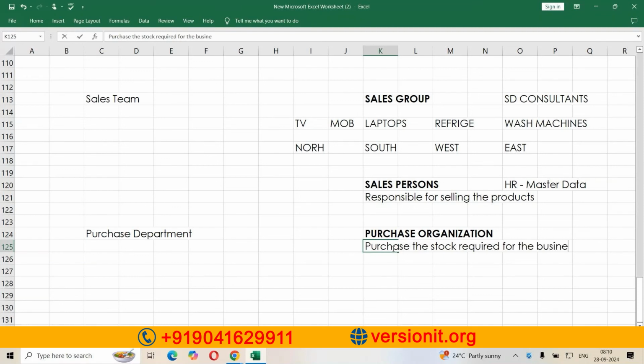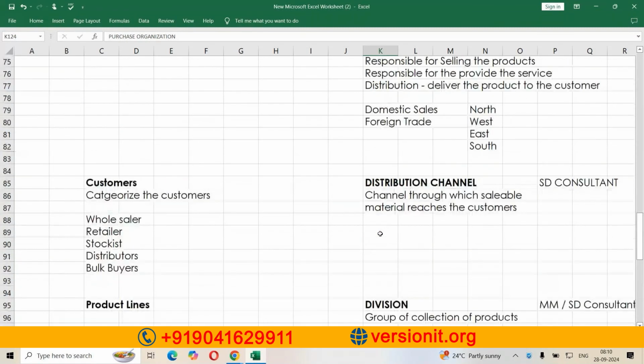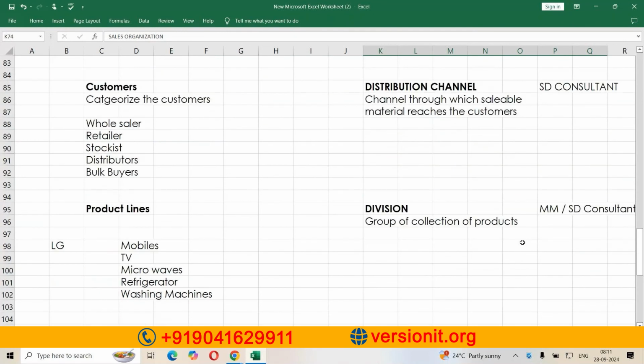Now, whatever stock is required, this purchase org will be taking care of it. If the sales team requires any stock, they need to update that information to the purchase team, and the purchase team will do the purchasing activity. In the same way, sales org will have access only for selling the product. If they require any stock, they need to update it to the purchase department.